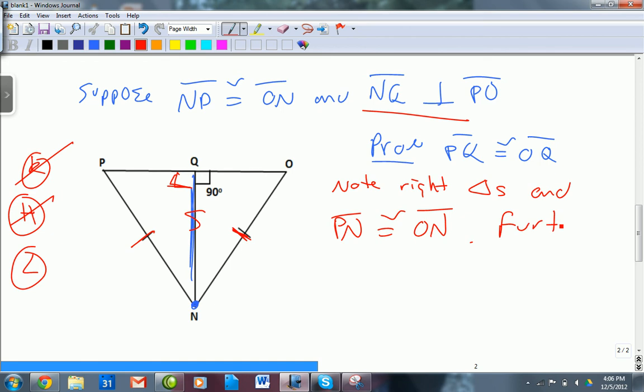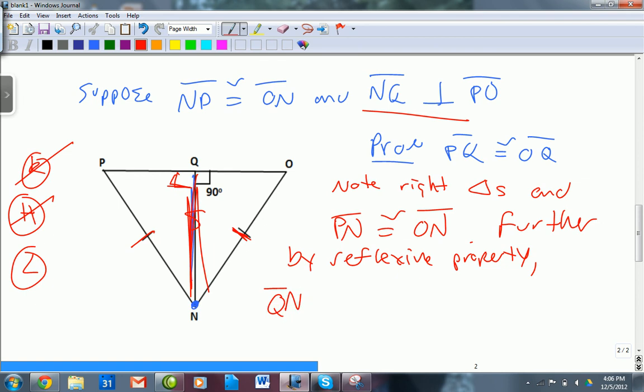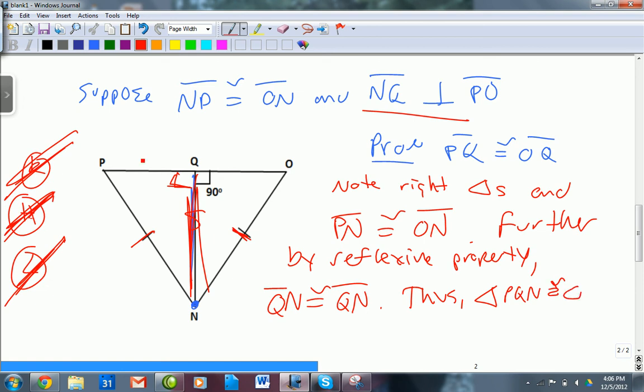I'm going to get a pair of congruent legs by the reflexive property. QN is congruent to itself, and that's my pair of congruent legs. So now I've established three things: right triangles, congruent hypotenuses, congruent legs. Therefore the triangles are congruent. Triangle PQN is congruent to triangle OQN by HL: congruent hypotenuses, congruent legs, and right triangles.